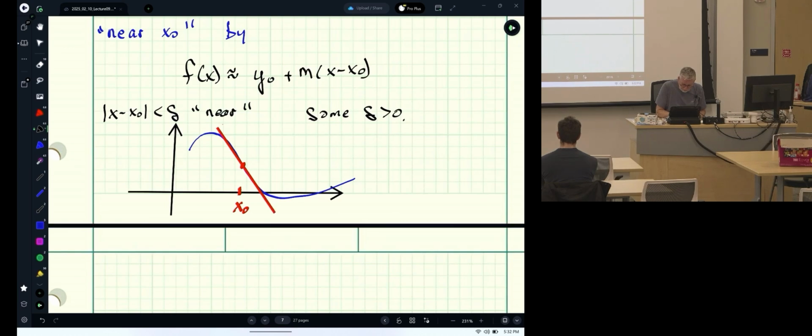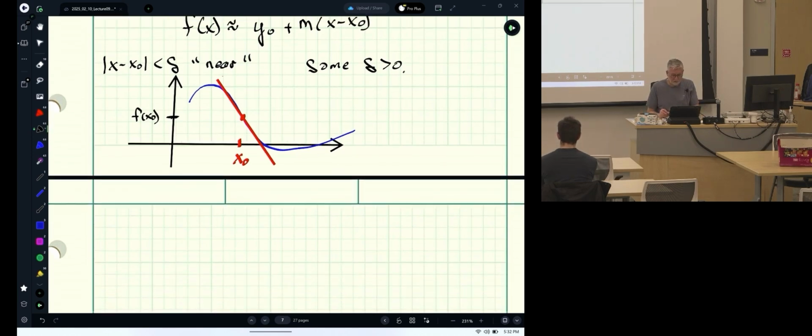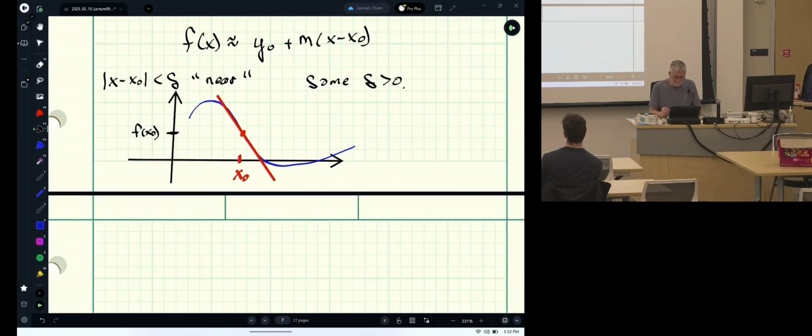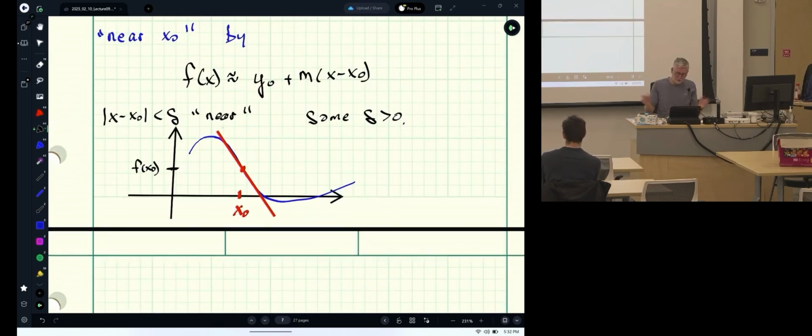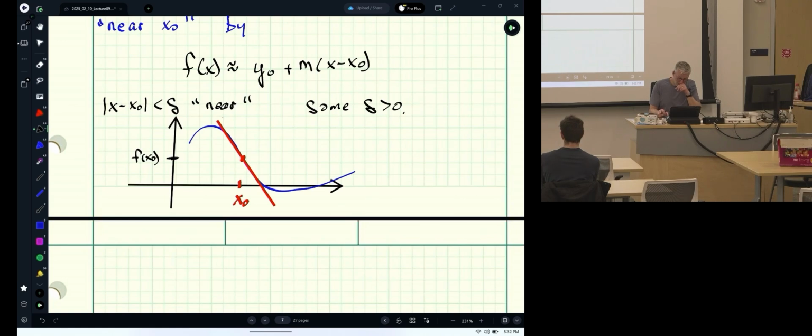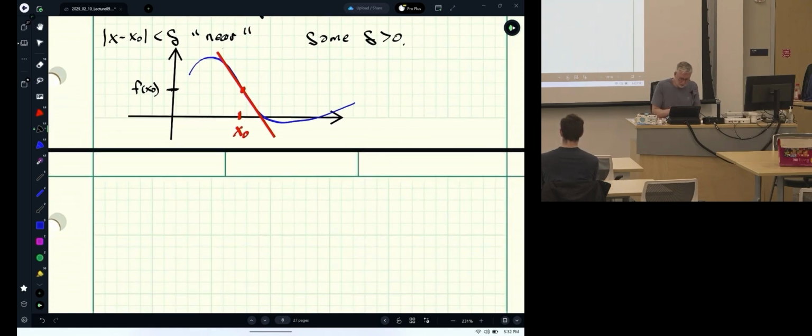And my axis is leaning, like the leaning tower of Pisa, right? So that's f at x0. Okay? So if the function is supposed to be approximately equal to y0 plus m times x minus x0, then f at x0 is approximately y0 plus m times x0 minus x0, so just plugging in x0.